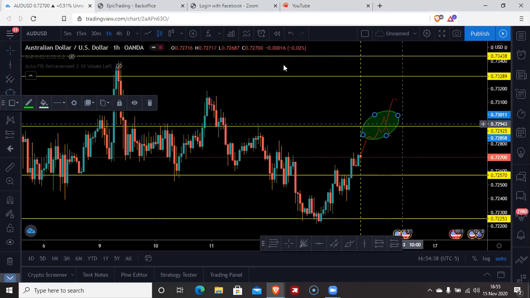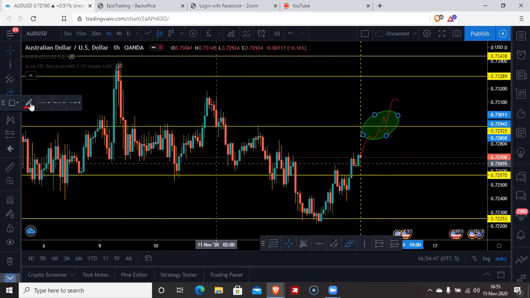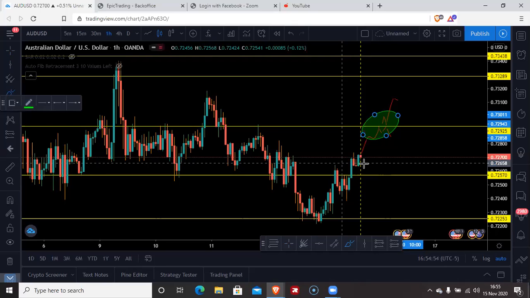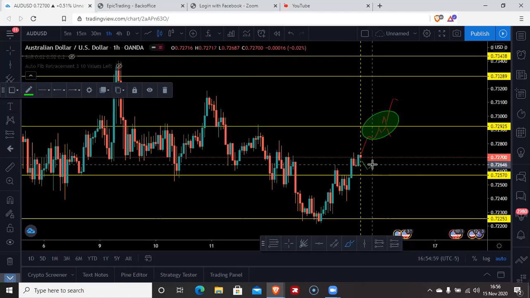We're going to get our brush back out, and we're going to make this one green. Oil price is going to come down here. We're going to make a move, something like this.